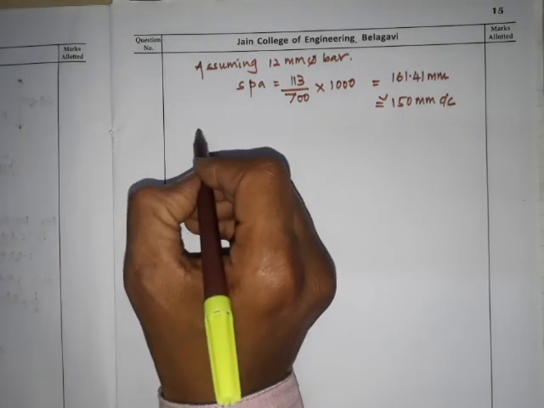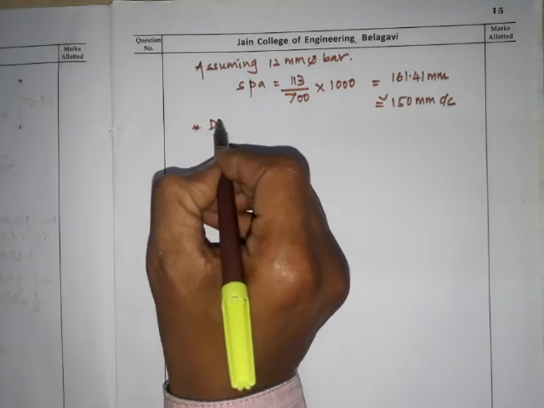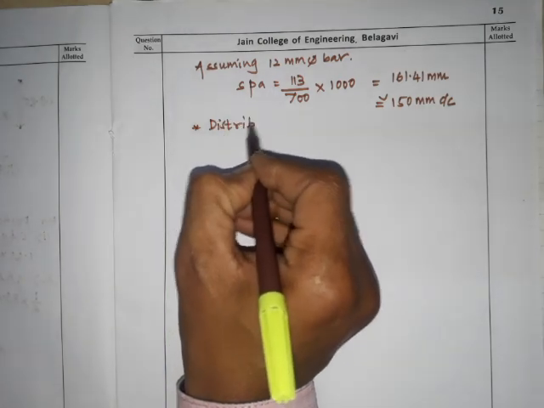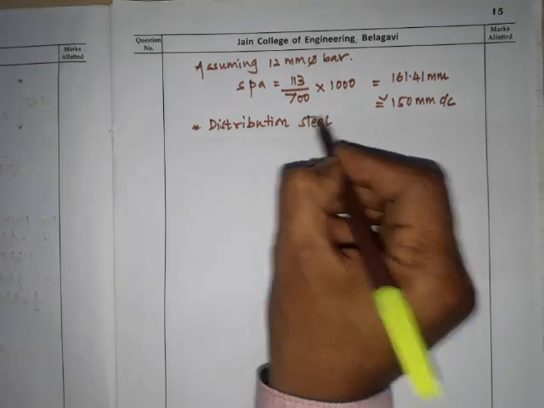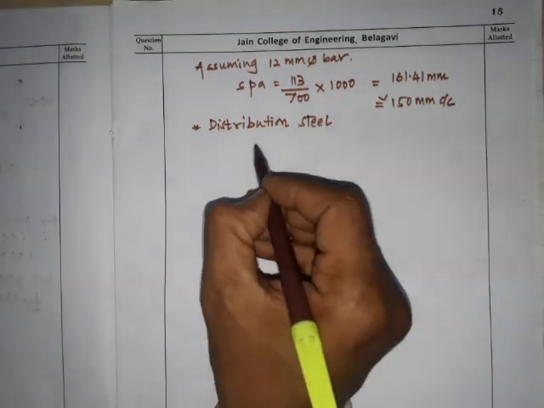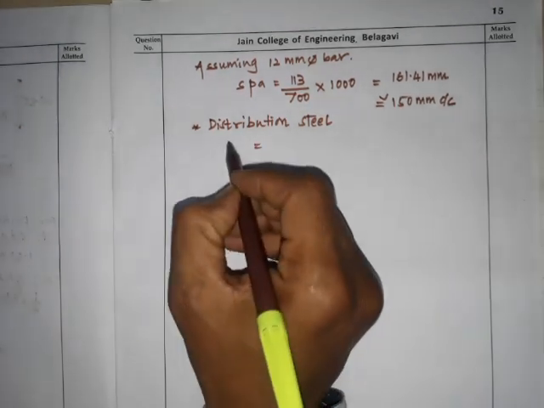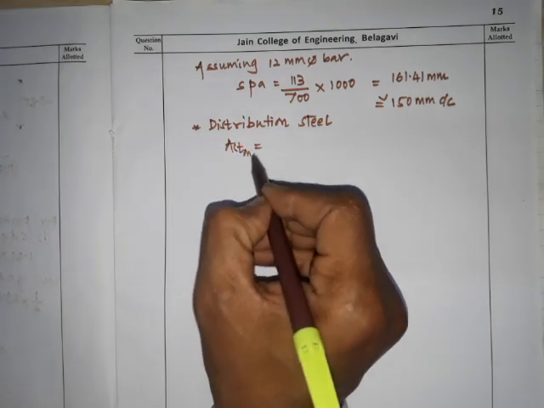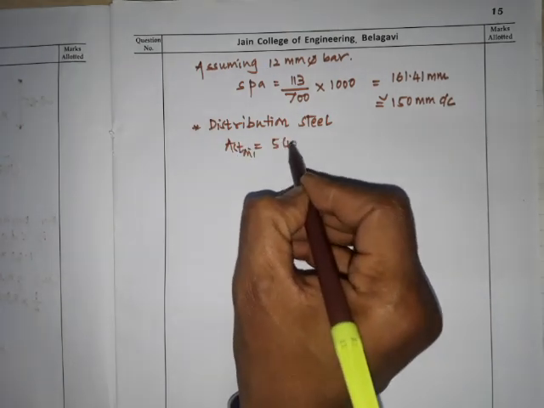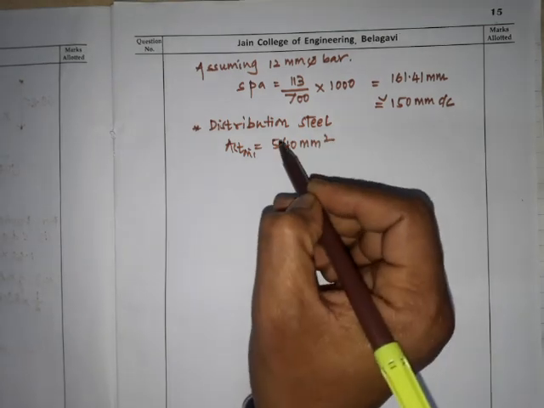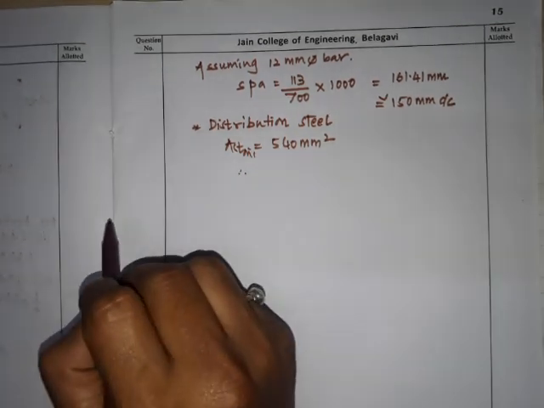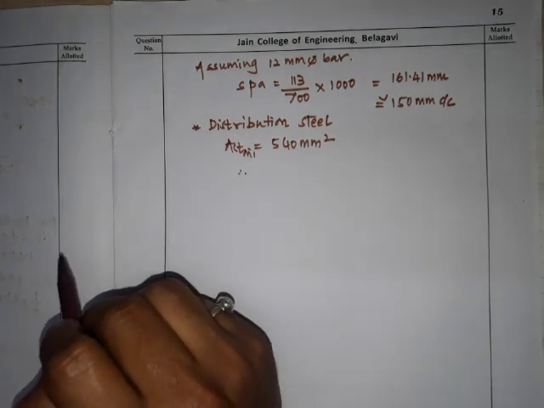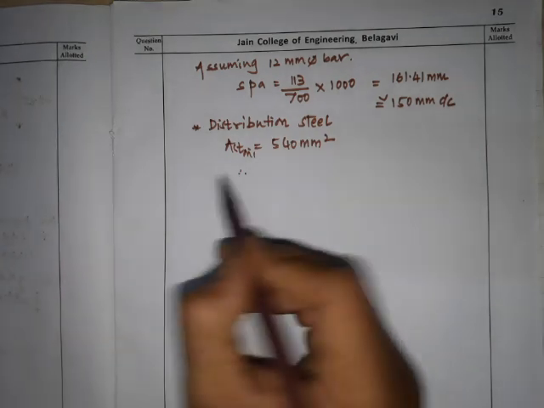And again we have the next, distribution steel. So this is for main reinforcement. The distribution steel is again 540. We have got Ast minimum as 540 mm square. So therefore, again let us assume 12 mm dia bar. Sorry, I'll assume 10 mm dia bar here.